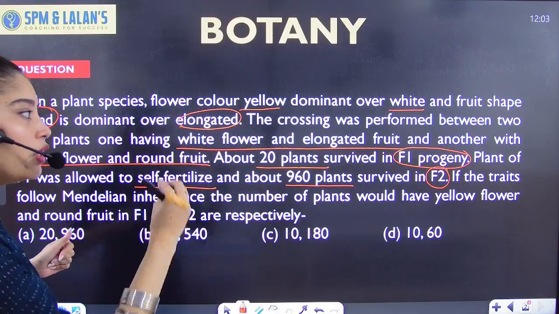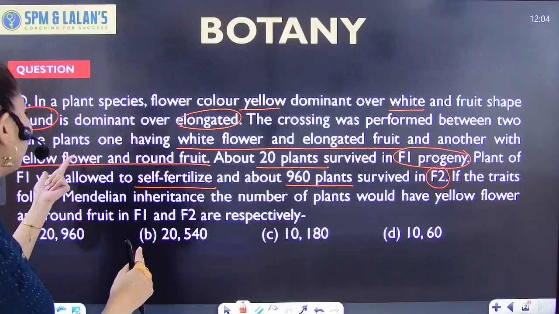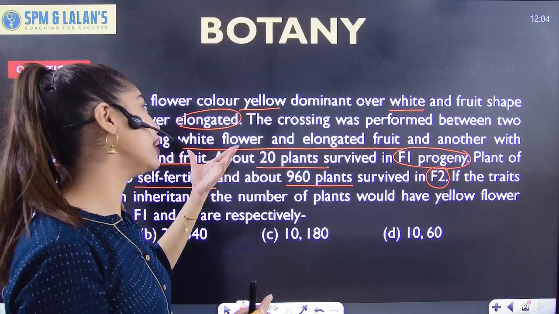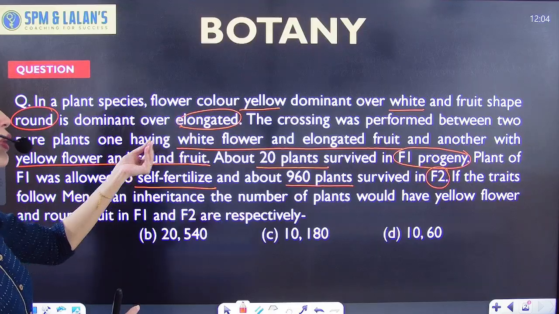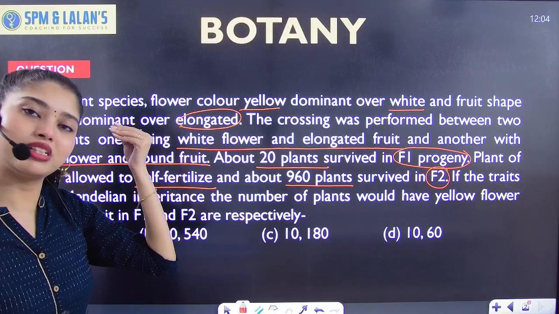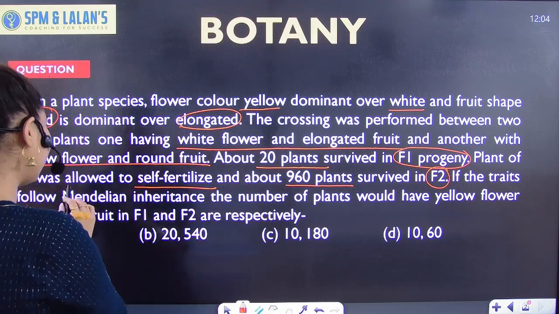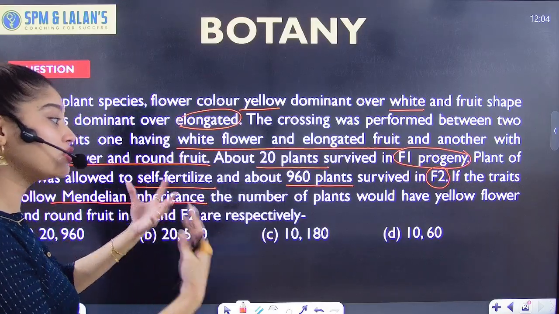As I have told you, the parents are yellow flower and round fruit, and white flower and elongated fruit. Yellow and round is the dominant parent, white and elongated is the recessive parent. The question says it follows Mendelian inheritance, so we'll follow how Mendel proceeded in his crossing.